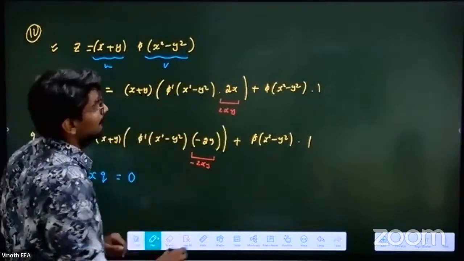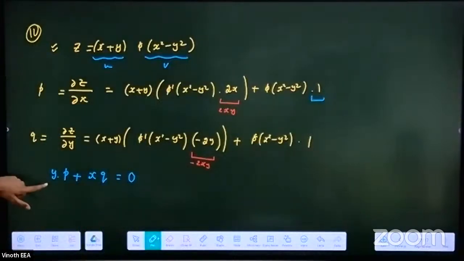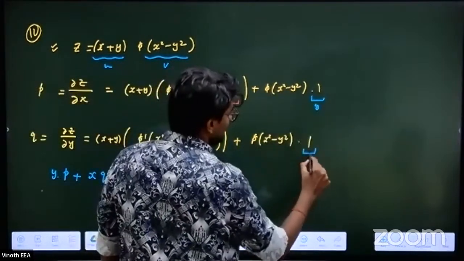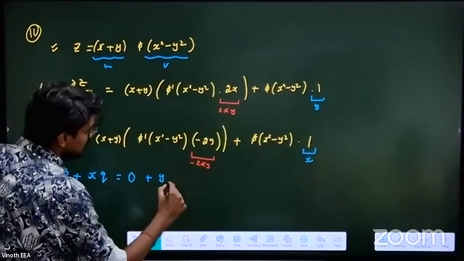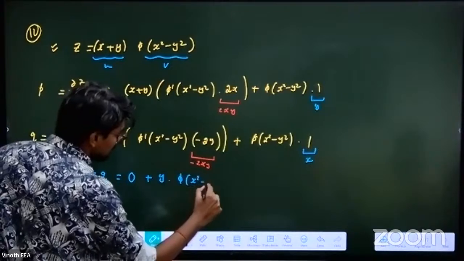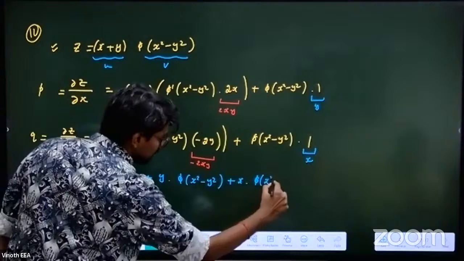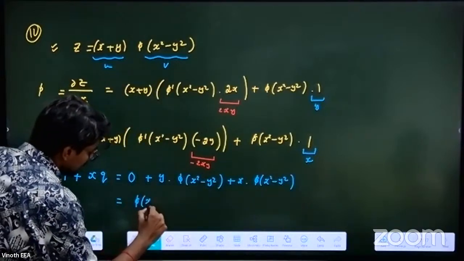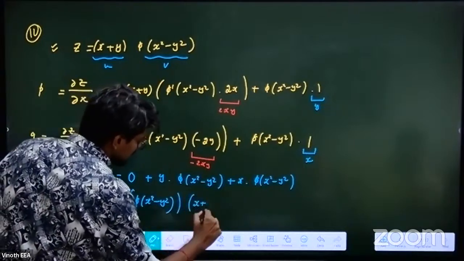Next, what about that? Here, what am I multiplying? Multiplying with y. In the complete equation, I multiply by y, so here y, here x. So plus y into pi of x square minus y square plus x into pi of x square minus y square. I can take pi of x square minus y square commonly, and this becomes x plus y.